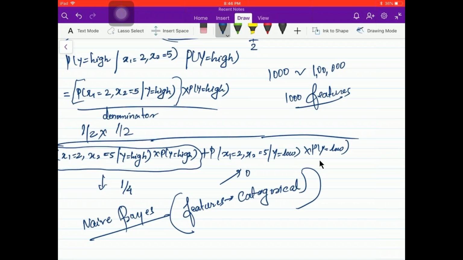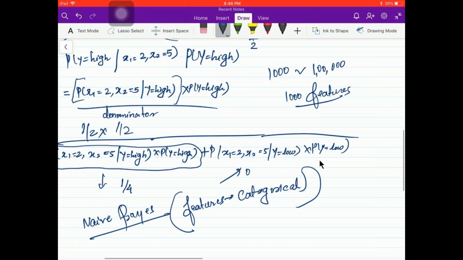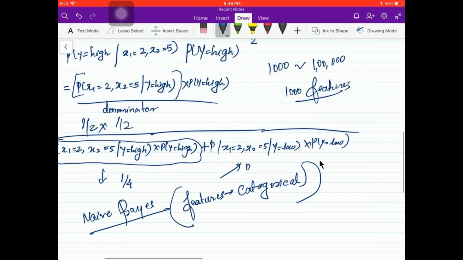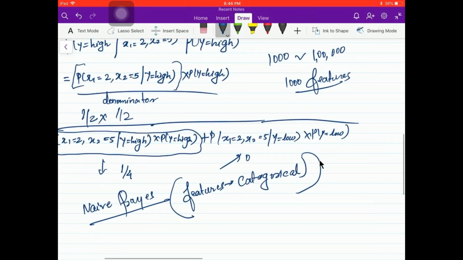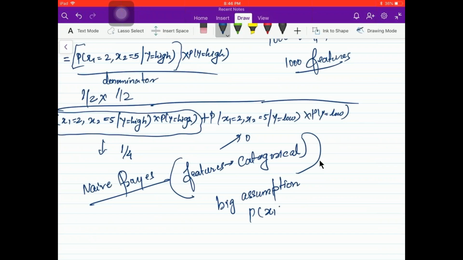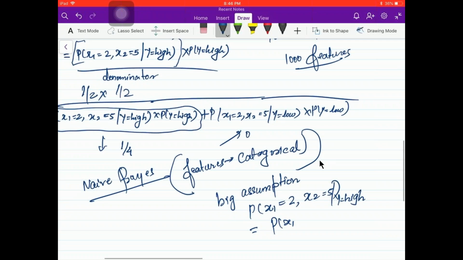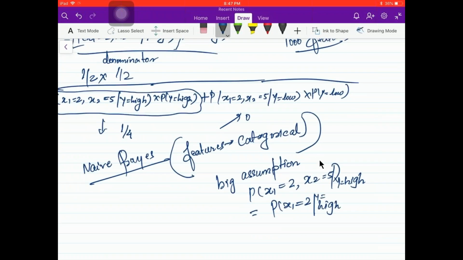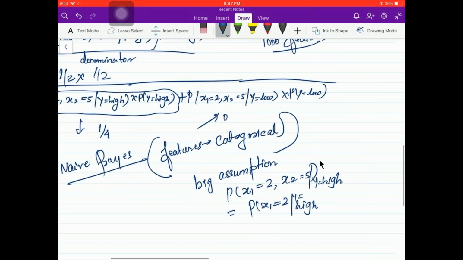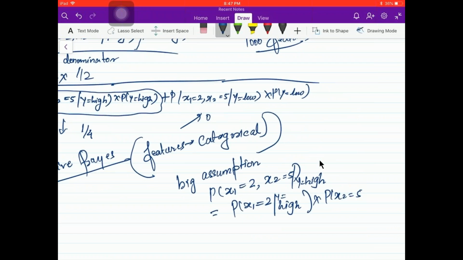So a big assumption of naive Bayes is that the probability of x1 equal to 2 and x2 equal to 5, given y equal to high, is equal to the probability of x1 equal to 2 given high, into the probability of x2 equal to 5 given y equal to high.